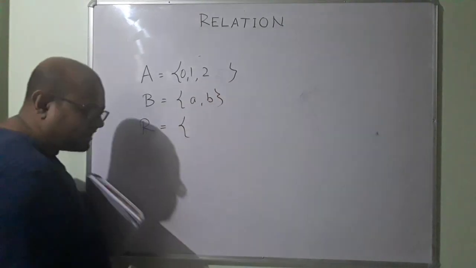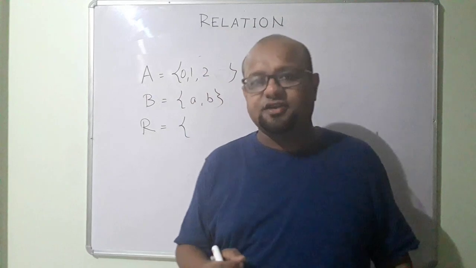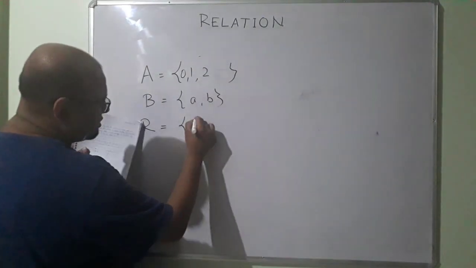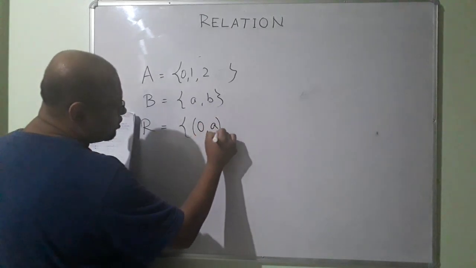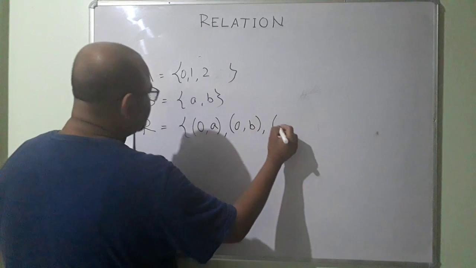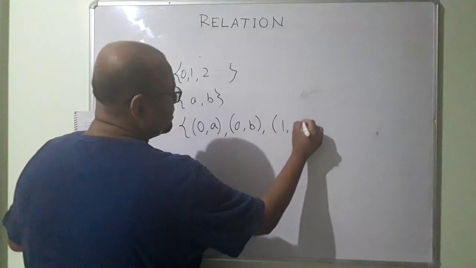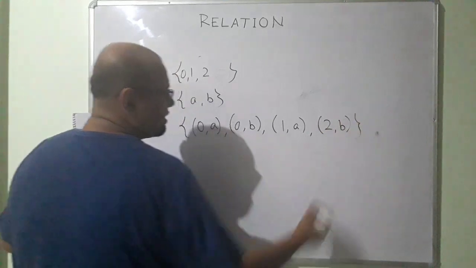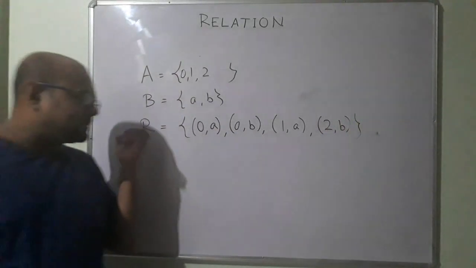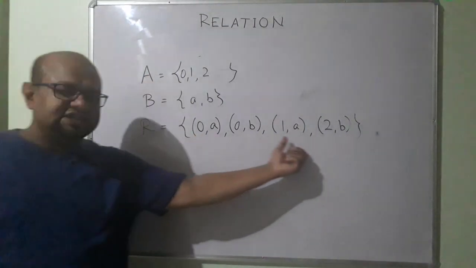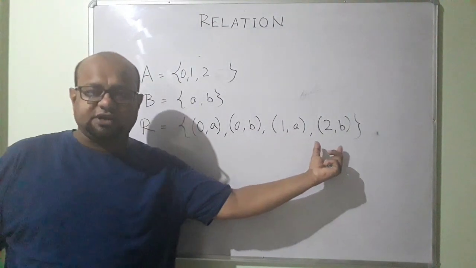Relation, of course, I said it can be represented as a set. Okay, so this is the representation as a set. It contains the ordered pair (0, a), it contains the ordered pair (0, b), it contains (1, a) and (2, b). Alright, so this is the set representation. Okay, these are the two sets. This is the relation that contains all these ordered pairs.